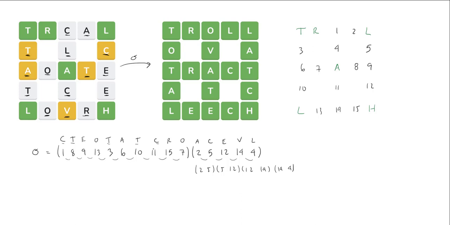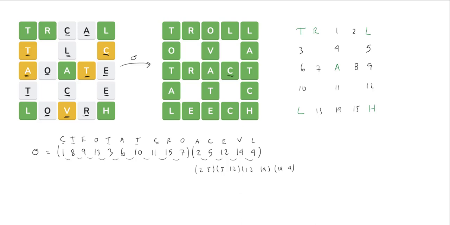When this happens, we're going to be able to rewrite this in a more concise manner, utilizing the fact that we don't really care which C goes into the 8 position. We know that a C has to end up in this number 8 position, but it doesn't matter whether it's the one coming from position 1 or position 11. So that's what we're going to try to do here, and I'll show you a way that we can go about doing this.